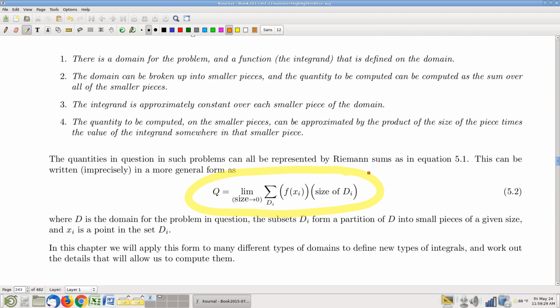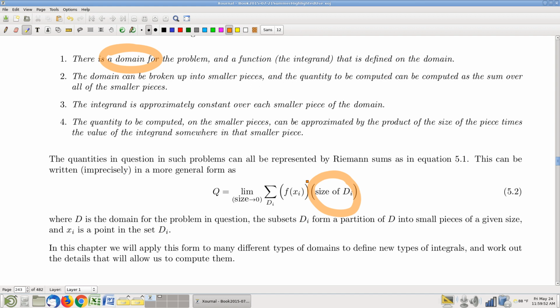So we're, roughly speaking, going to take other kinds of domains. We're going to start with two-dimensional domains in just a couple seconds. Two-dimensional domains. We're going to break them up into pieces. Size is not going to be length. If you have a two-dimensional thing, size means area.